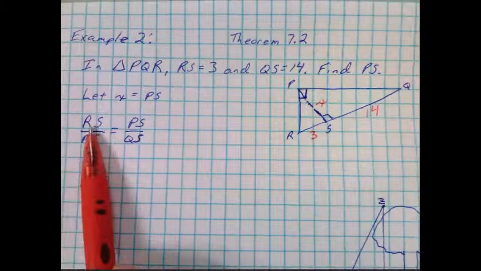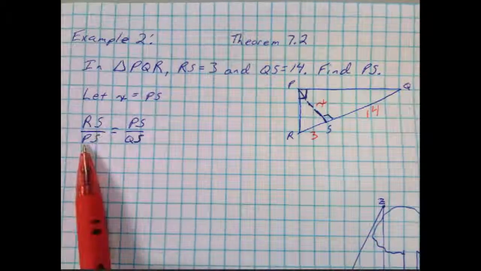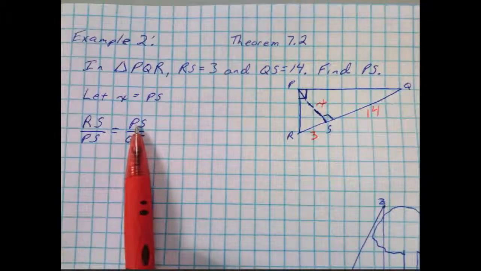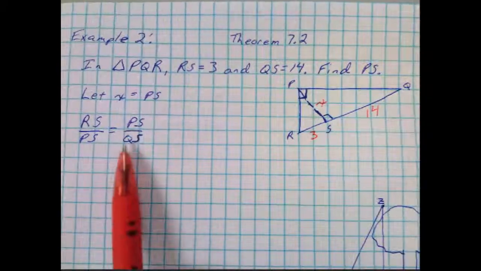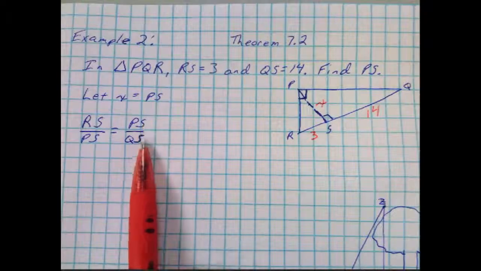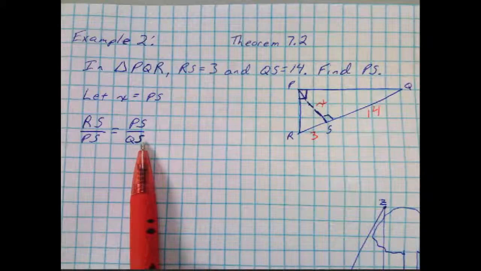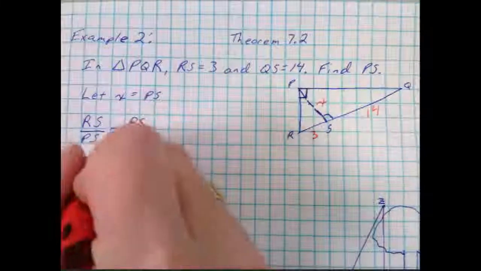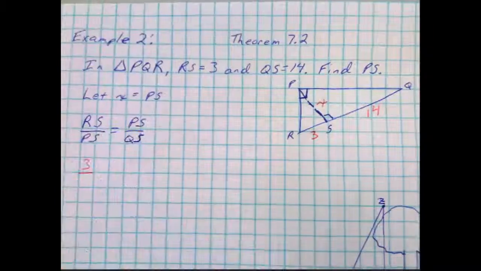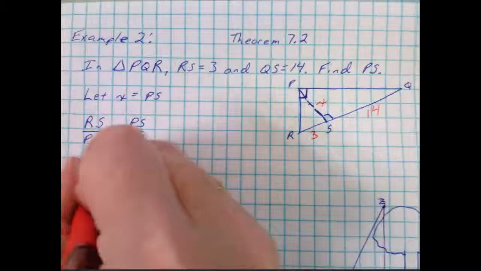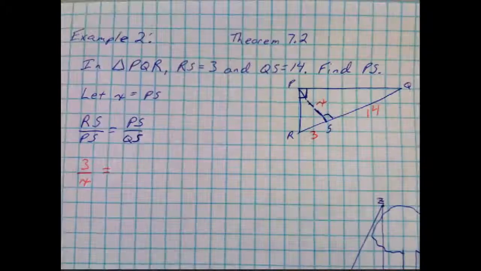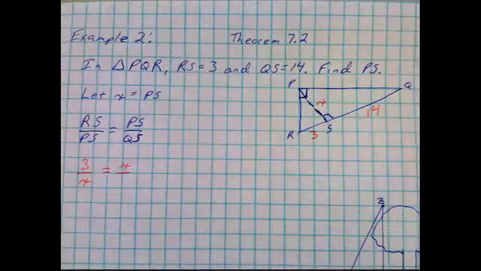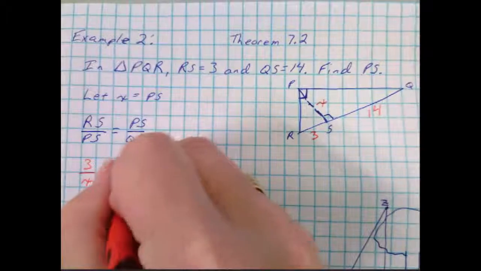So we set it up RS over PS. Remember, these two, the bottom here and the top over here, those are your geometric means. So PS equals PS over the other piece, which is QS. So I'm going to plug in some numbers. RS we said was 3 over PS we said was X equals PS is X again over QS, which is 14.